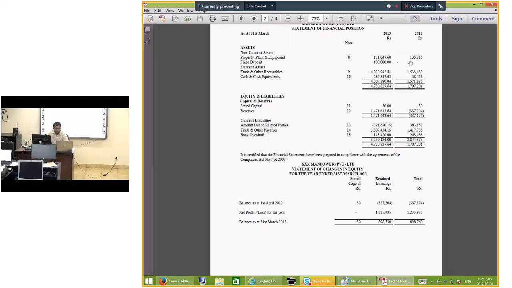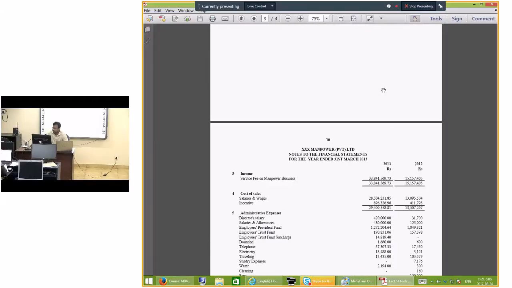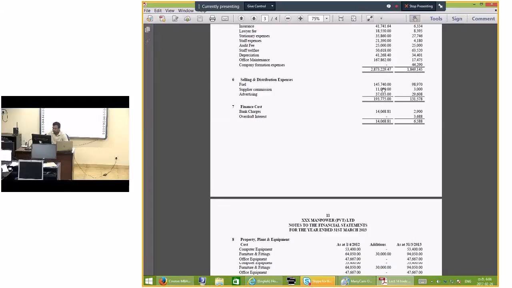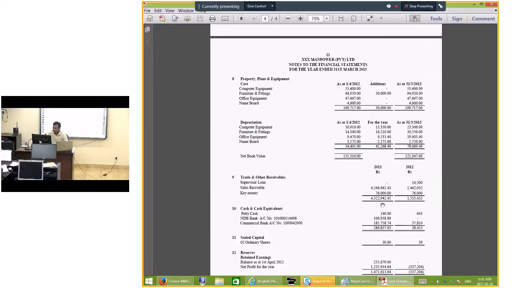Number 2, look at the trade and other receivables. It's about 4.22 million. Go to note number 9. It says 4,322,000. It is wrong. It does not agree with the note.